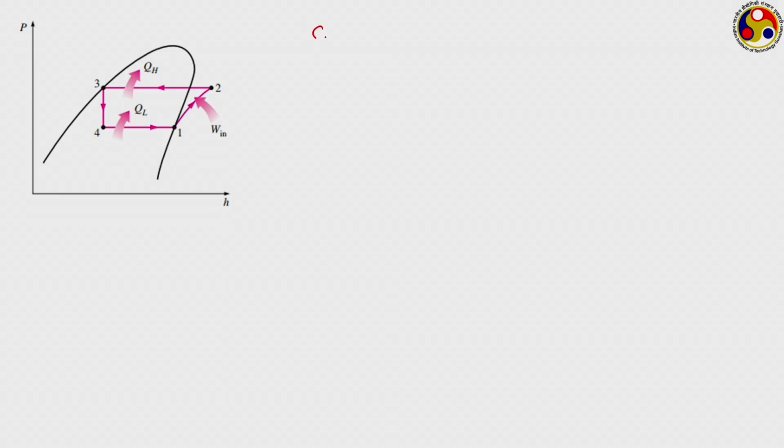If we just write the terms again from the previous slide, we have Q dot E equal to m dot into h1 minus h4 and W dot C equal to m dot into h2 minus h1. Now, we have the condenser. In the condenser, we have the process 2 to 3, and it is again isobaric, so no work transfer, but there is heat transfer.